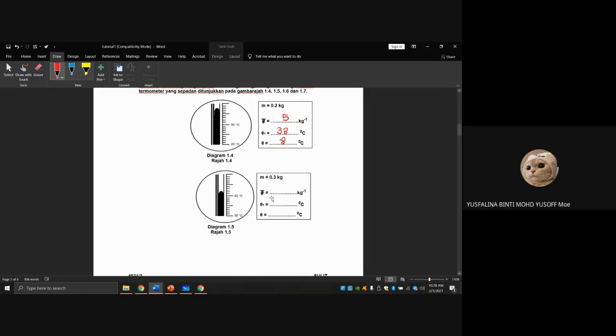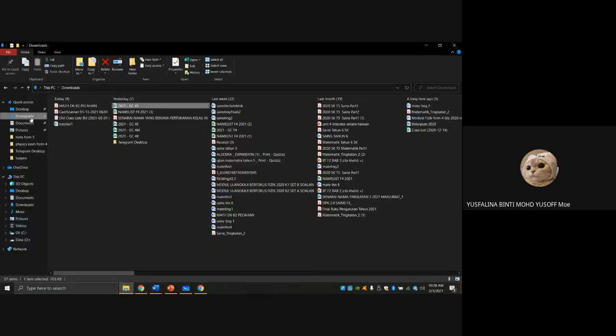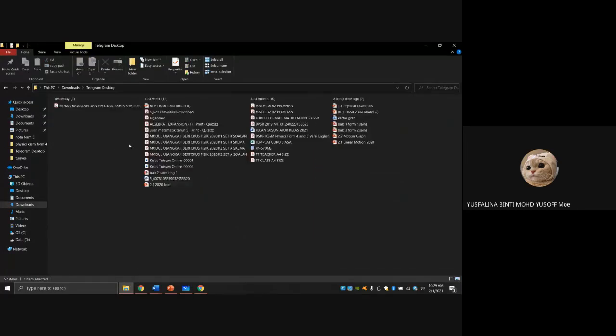This one is 3. You calculate using your calculator, what did you get? 1 divided by 0.3, right? Wait, let me get my calculator first.